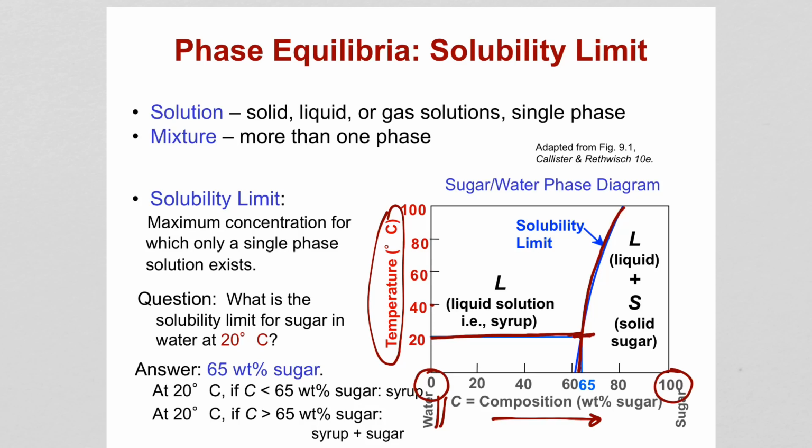If I go further in composition at 20 degrees C, then I will have solid sugar in my system. But where does it start to form? It starts to form at the intersection of that solubility limit line with the temperature line, at this point.